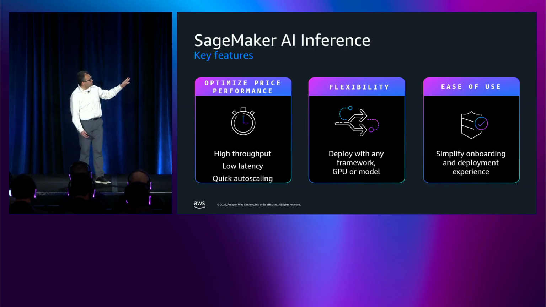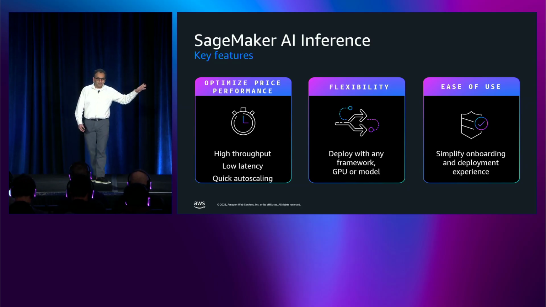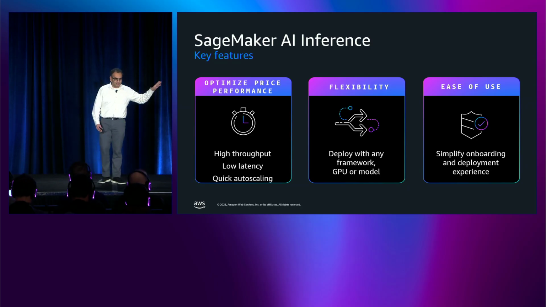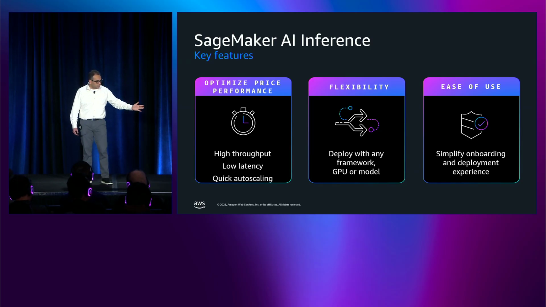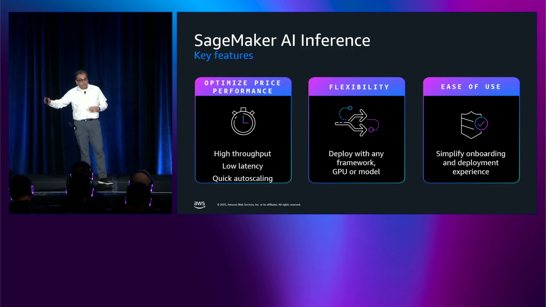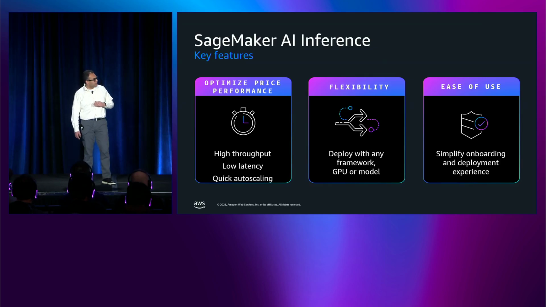We want to give you all these capabilities, but if we don't have good ease of use, that's going to be a big problem, right? That's a big hurdle that you have to cross. So ease of use is extremely important for us. And how do you go from a model weight all the way to invoking the model or getting responses back? For us, that flow is extremely important, and we take a tenet to keep it as simple as possible.